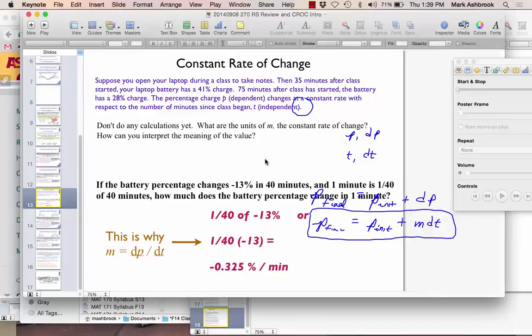Yes, mx plus b would be another way to represent all of those correspondence points. But this process that we're teaching you is essential for what's coming. You have to understand this process: start with a p initial, start with a change in your independent, get the change in the dependent from m dt, and add to the initial p.